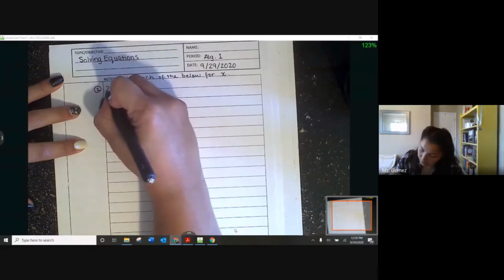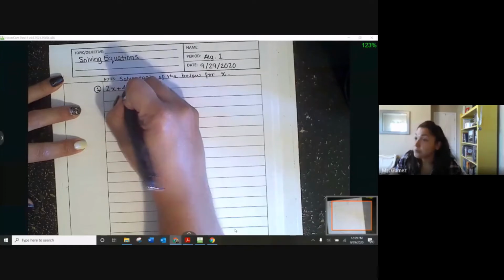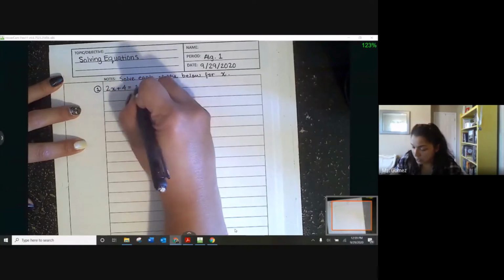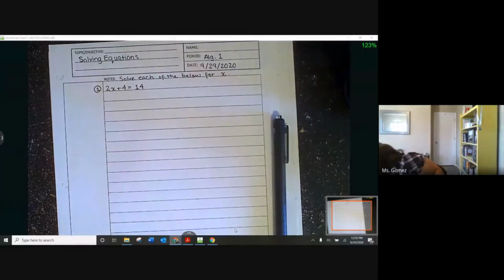We have 2x + 4 = 14. So again, we have 2x + 4 = 14. What do you guys feel my first step should be? What do you feel my first step should be to solve for x?